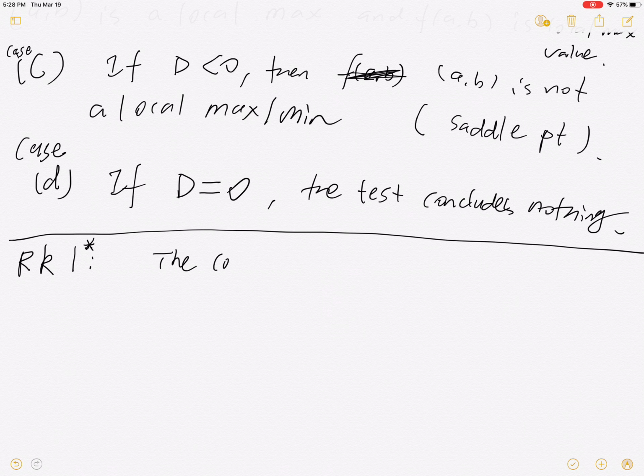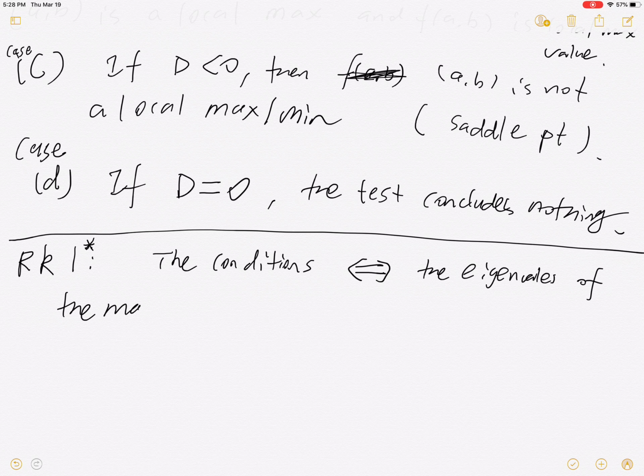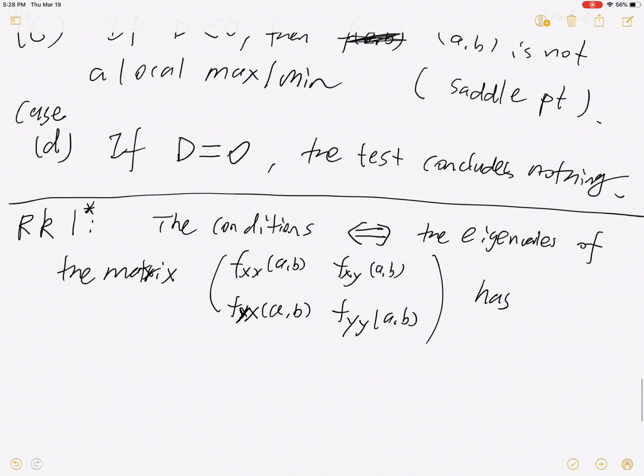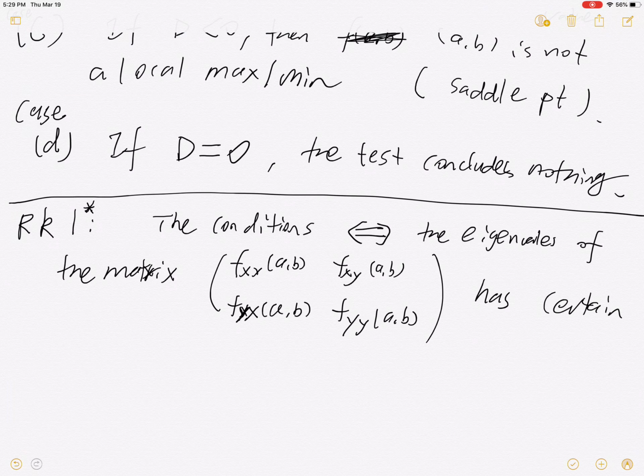The conditions are the same as saying the eigenvalues of the Hessian matrix have certain signs.